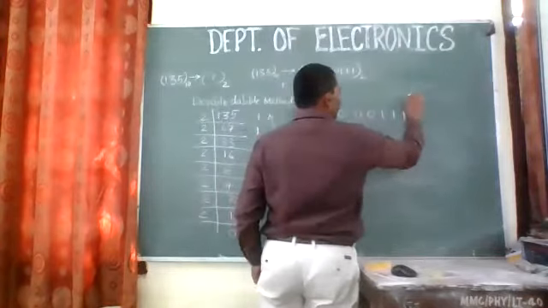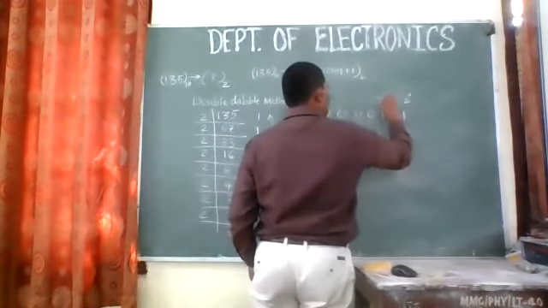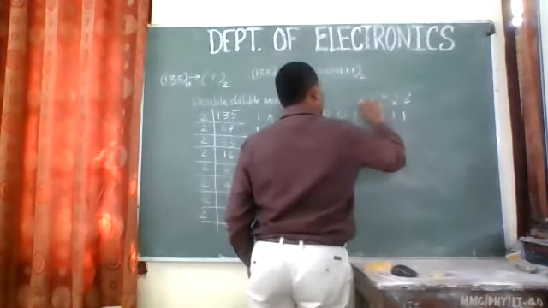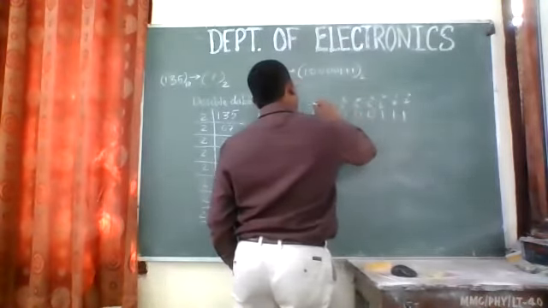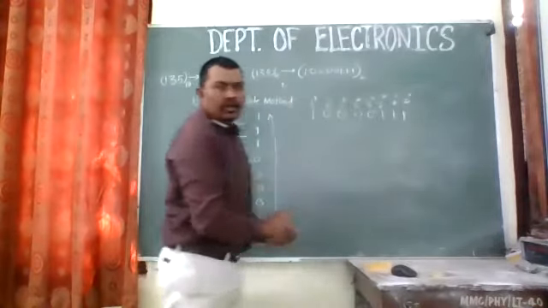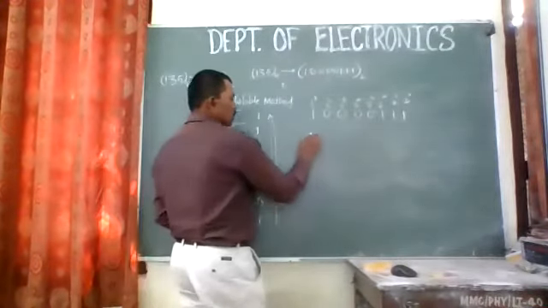So it is 2 raised to power 0, 2 raised to power 1, 2 raised to power 2, 2 raised to power 3, 2 raised to power 4, 2 raised to power 5, 2 raised to power 6, and 2 raised to power 7. We will directly put the values.